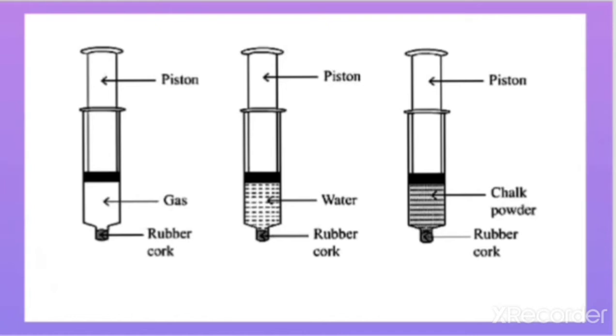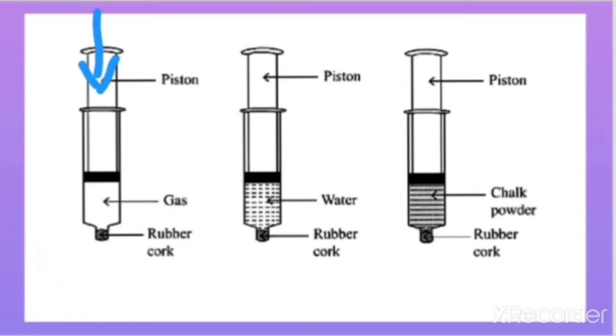Now, after inserting the piston back into the syringe, we have to compress the content by pressing the piston. Just press the piston in all these cases. That means insert the piston and now try to compress it. And how do we compress it?